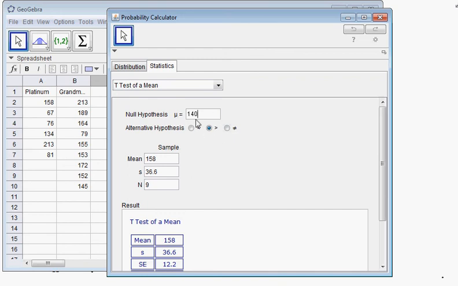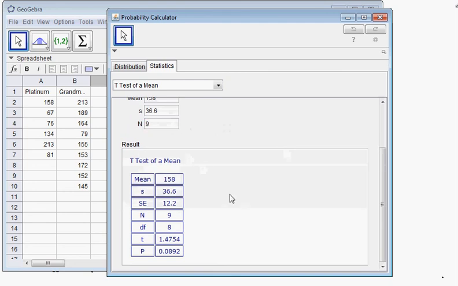That's what we expect. The alternative is, well, we found that we have 158 with a standard deviation of 36.6, and I already put these in. And we want to think, is 158 greater than that? Okay, so it will calculate for you automatically.